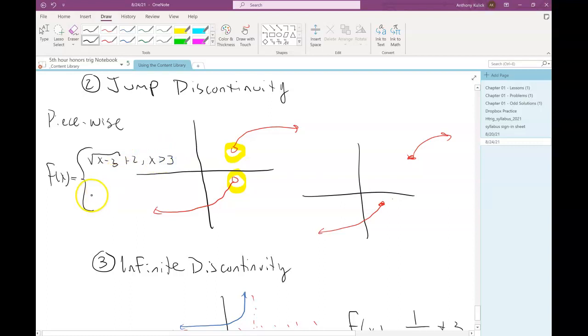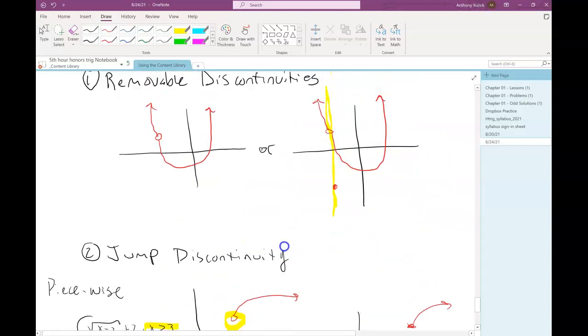Or you could have negative 3 minus x minus 2 is probably what that looks like to me for x less than 3. So basically what you're saying is for this part of the domain we do one thing, and for that part of the domain we do something different. Not super important that you're able to deal with any of that right now. I'm just kind of talking.